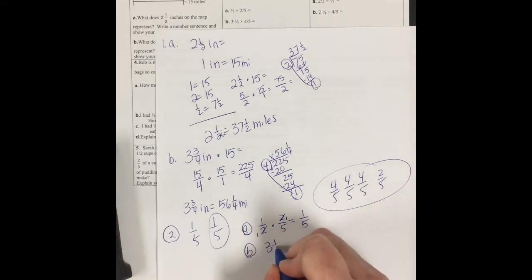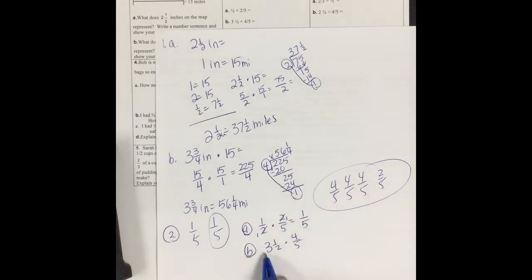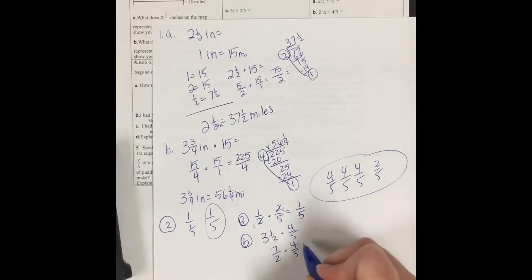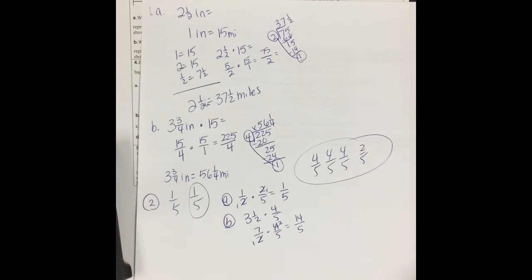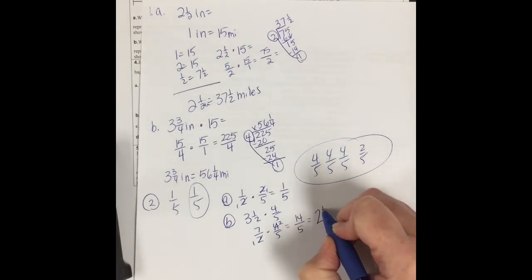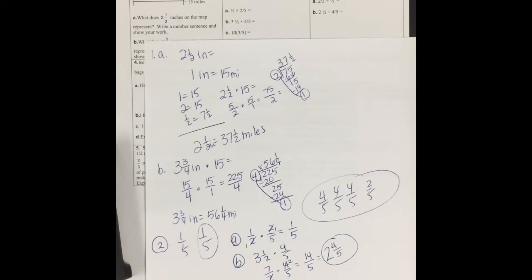So 3.5 of 4/5. Rename this. 2 times 3 is 6 plus 1 is 7 over 2 times 4/5. If I choose, I may reduce before I multiply. I end up with 14/5. 14 goes into 5 2 times with a remainder of 4, and the denominator stays the same. 2 4/5 is the actual product.